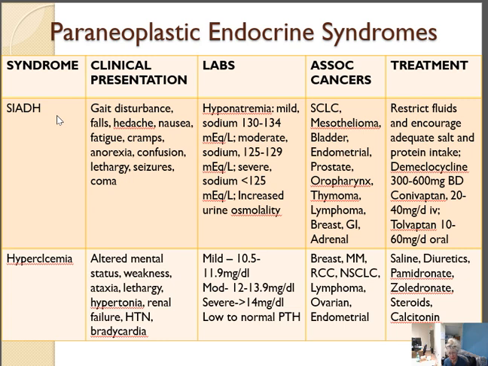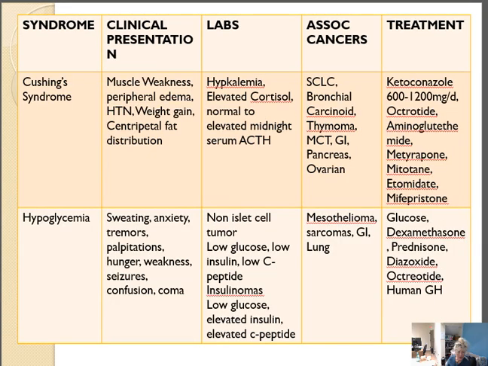Saline, diuretics, pamidronate, zoledronate, steroids, and calcitonin to put calcium back in. Okay. So these are kind of interesting. Your Cushing's syndrome with muscle weakness, peripheral edema, hypertension, weight gain, centripetal fat distribution. These are all syndromes, not necessarily Cushing's disease.